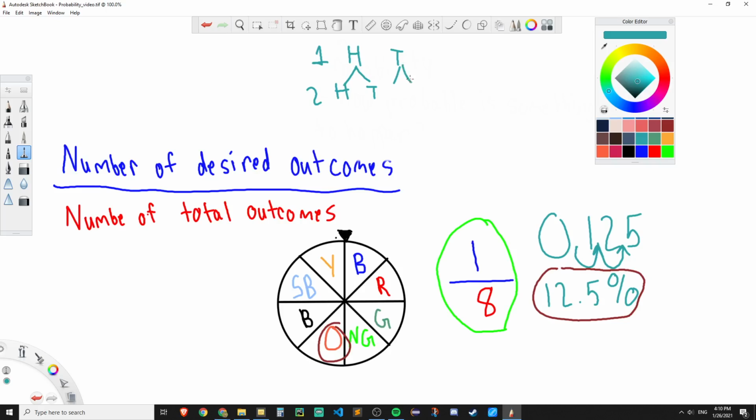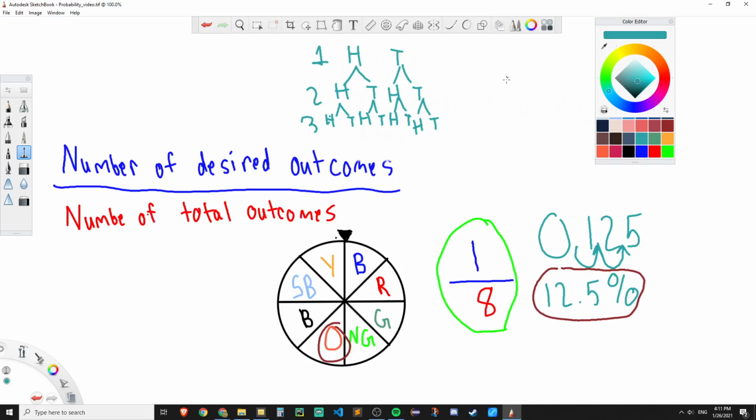And same for this, H or T. For this, you get H, T, H, T, H, T, H, T. Okay, now this might look a little cluttered, but it is a reasonable tree, and I'll tell you why.